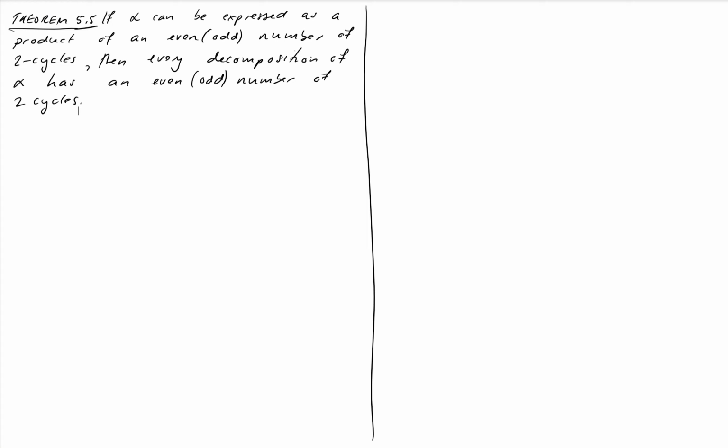Okay, so that means if we were to write that out in longer form, that if we had alpha equals beta 1, beta 2 through to beta r, and alpha again equal to gamma 1, gamma 2 through to gamma s, then the theorem says that r and s are both even or both odd.